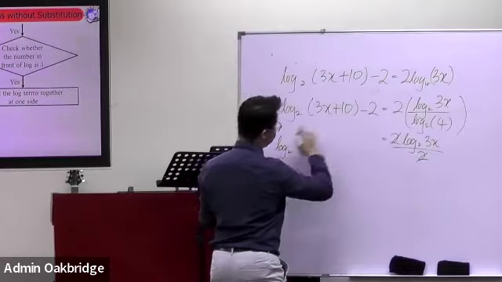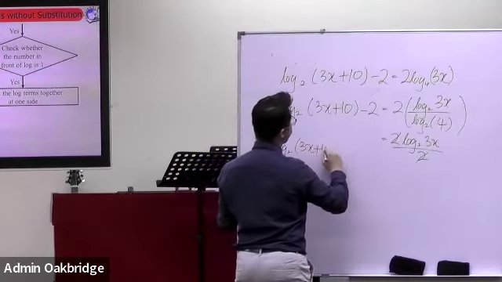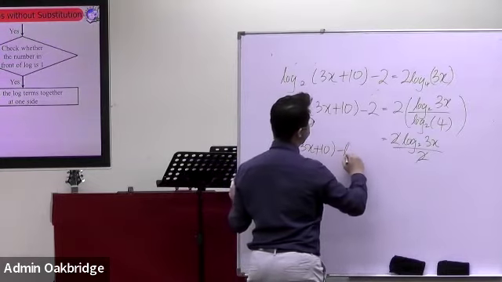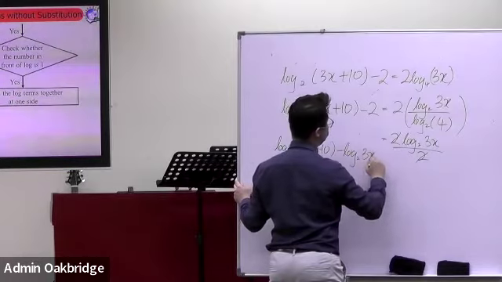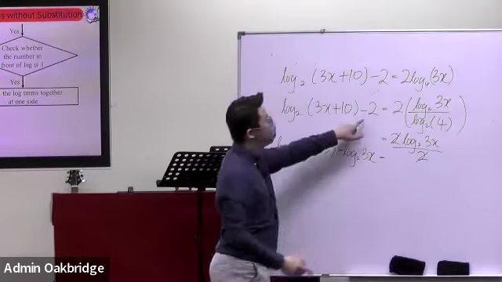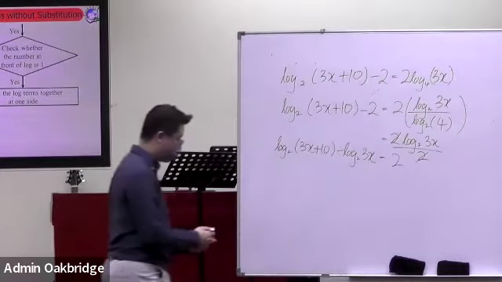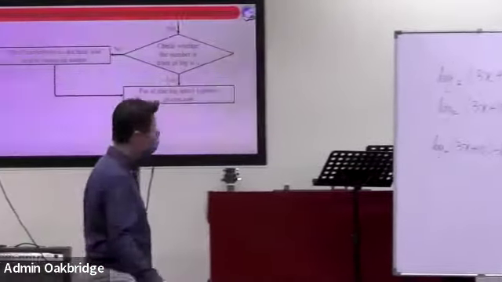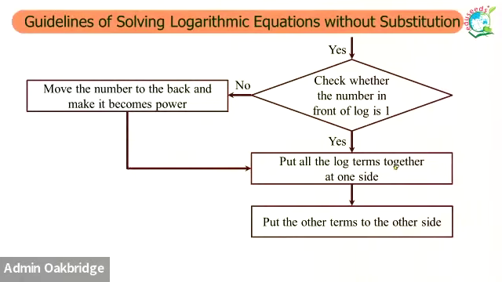I move this one to here, the left-hand side, and I move the -2 to the right-hand side. Next, put the other terms to the other side. Yes, that's what I did just now.